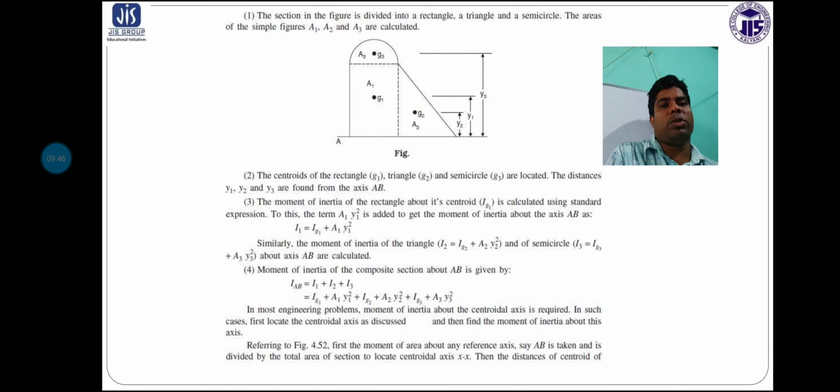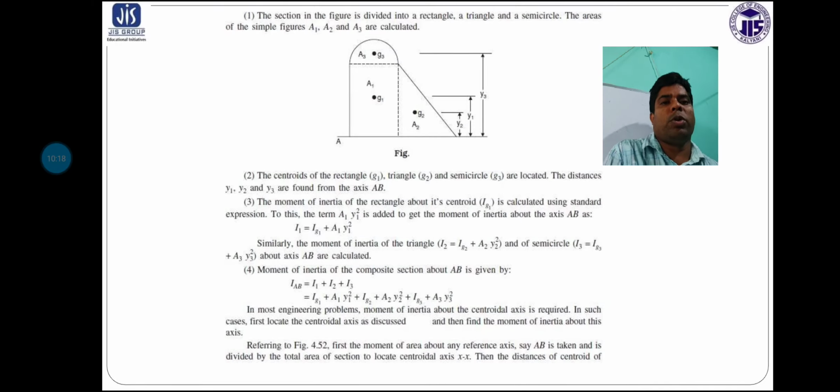Now point number 3, the moment of inertia of the rectangle about its centroid, Ig1, is calculated using the standard expression. To this, the term A1 y1 square is added to get the moment of inertia about the axis AB. So I1 is equal to Ig1 plus A1 y1 square.